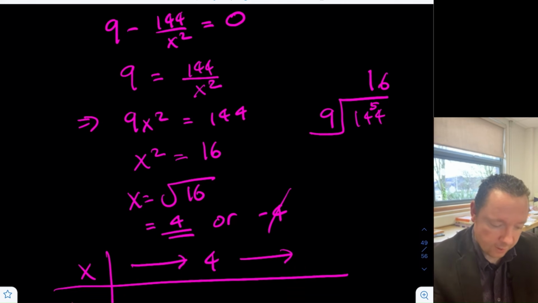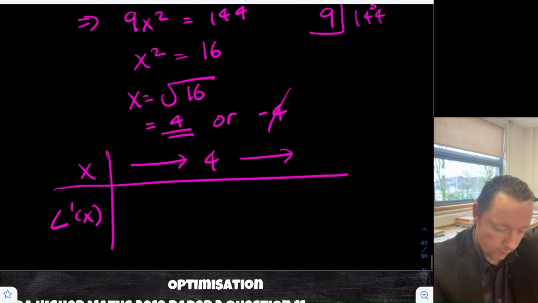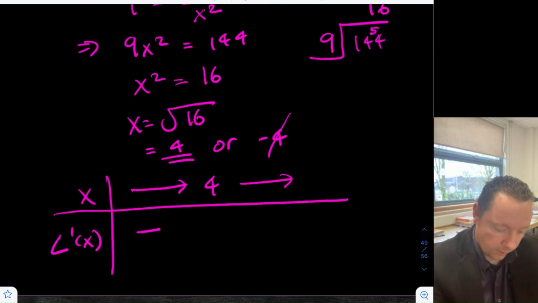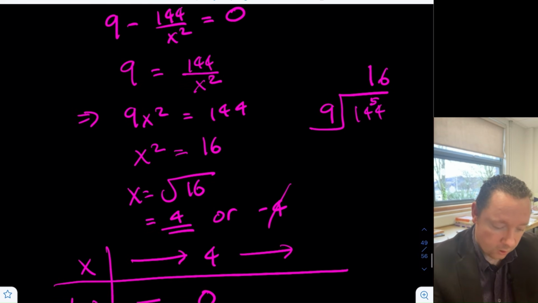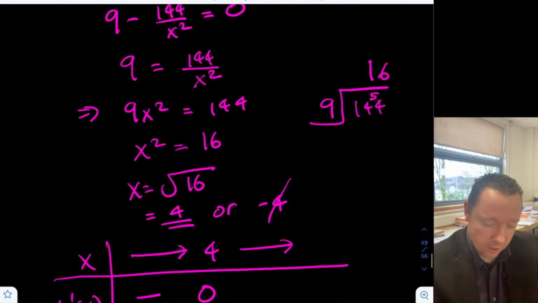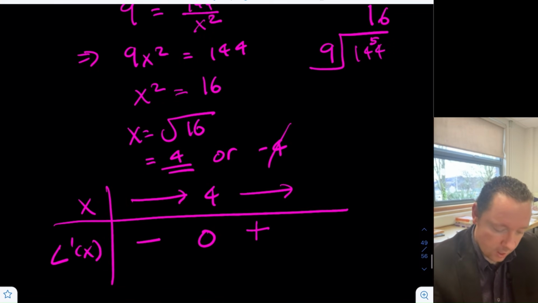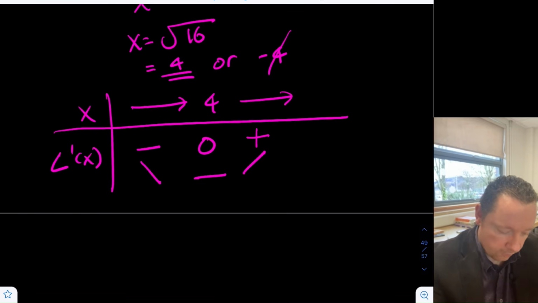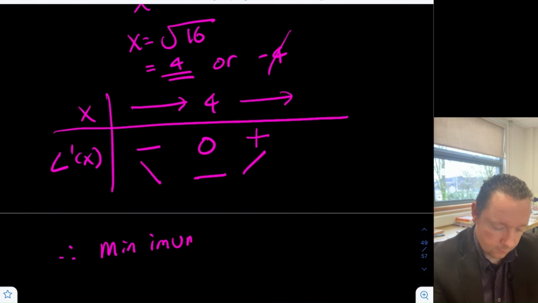That's negative. 9 minus 16 is negative. So we get a negative. We get 0. And picking any number after, it should be clear that 9 minus a small number, because it's going to be a fraction, is going to be positive. So that means our shape is down, along, and up. And therefore, minimum at x equal to 4.